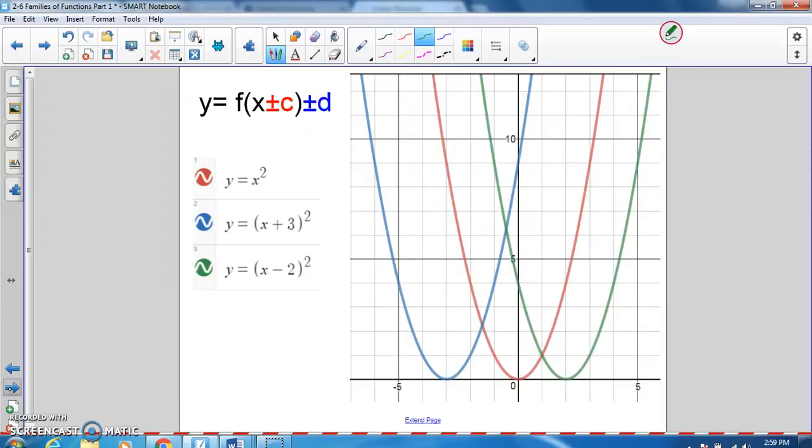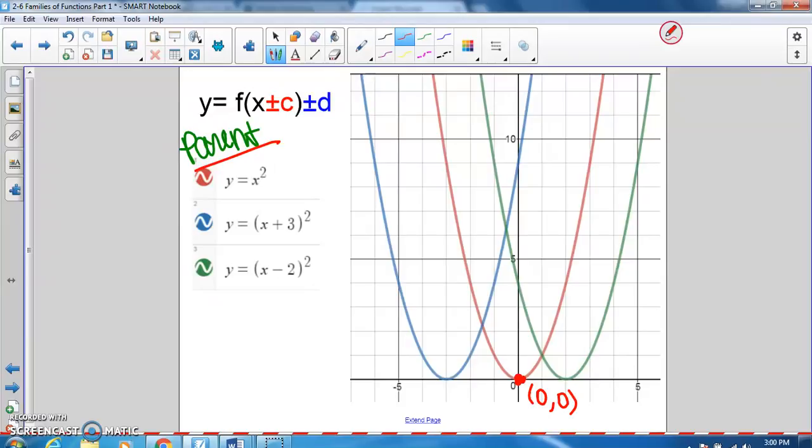Next we have horizontal shifts. There's a difference between horizontal and vertical because of where we're adding and subtracting. Before we were adding or subtracting on the outside, now we're adding or subtracting on the inside of our function. So once again, we have our parent function, y is equal to x squared in the red, and our vertex is still at 0, 0.